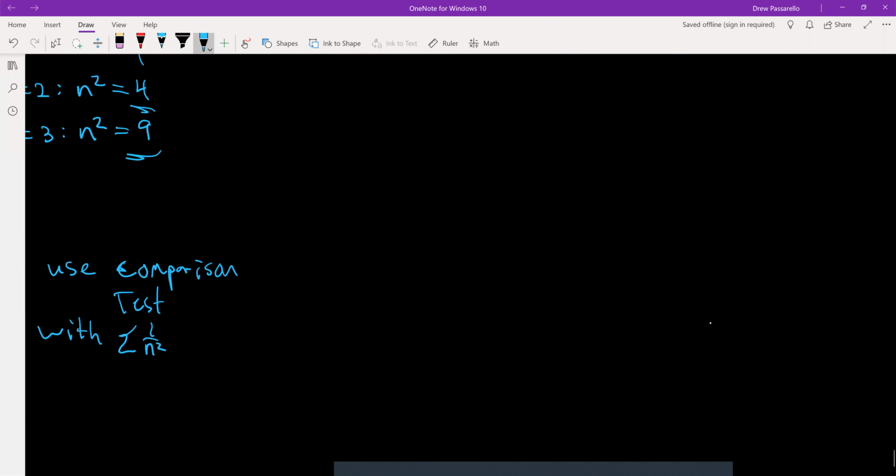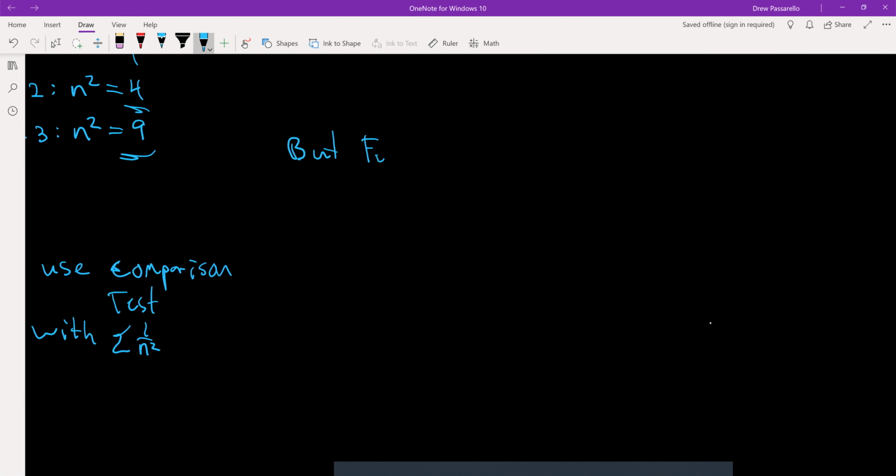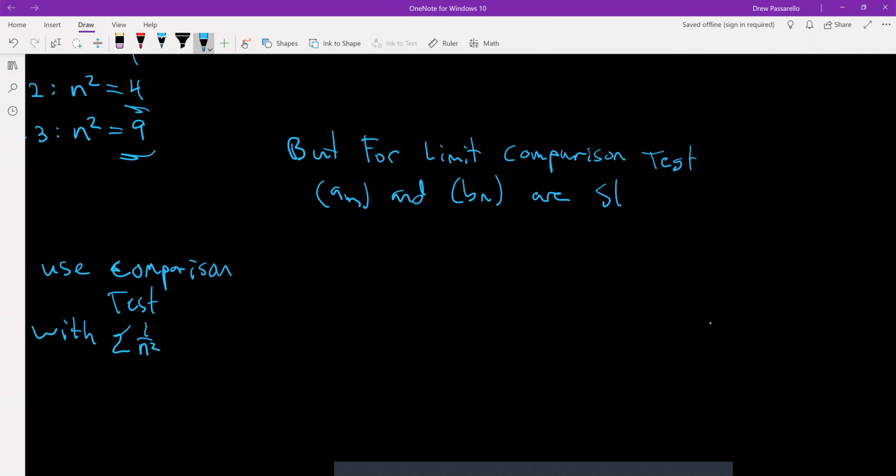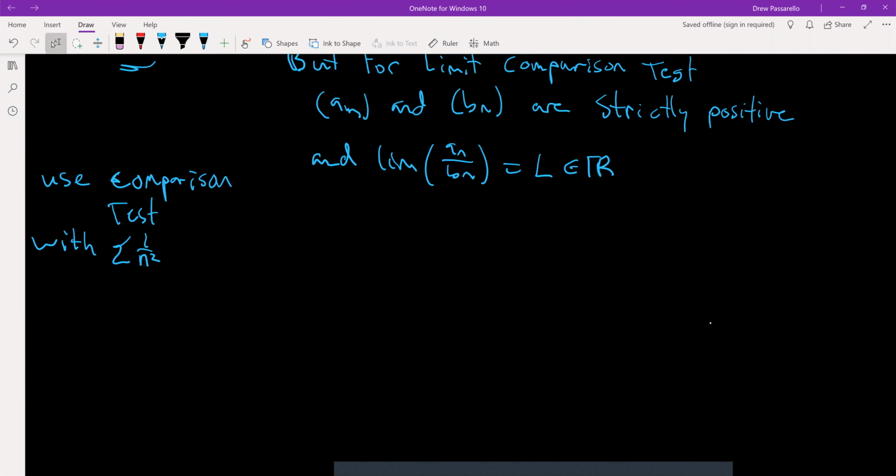But for the limit comparison test, which states that if an and bn are strictly positive, and the limit of an over bn equals L, so we have two things.